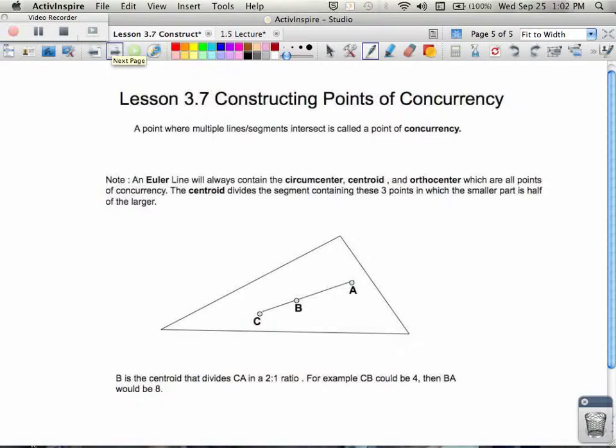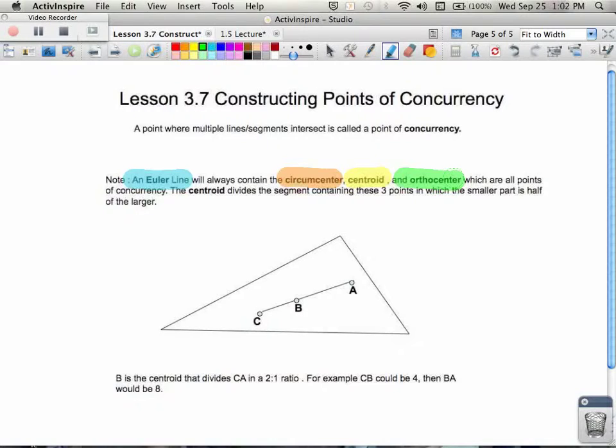And lastly, something that I'd like you to know about as a fascinating fact is something called an Euler line. An Euler line has three things in it. It has the circumcenter, the centroid, and the orthocenter, which are all points of concurrency. The centroid divides the segment containing these 3 points so that the smaller part is half of the larger.